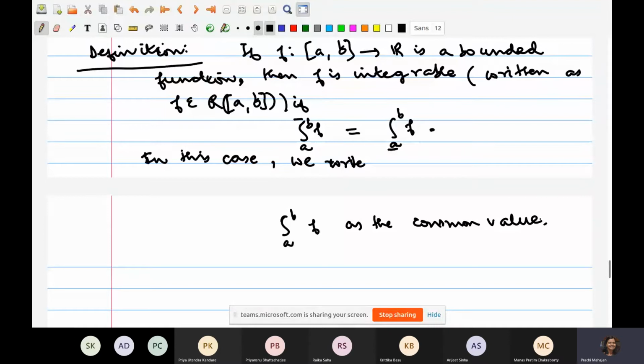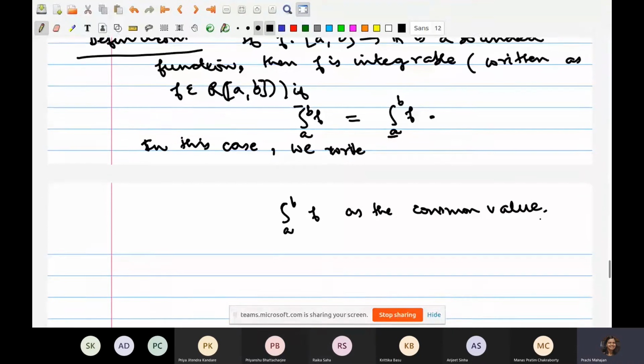That is, the upper sums decrease and the lower sums increase when we add more points into the partition. Define the upper and lower Riemann integrals. When the two agree, you say that the function is integrable. This is what we have done so far. Is this okay? Okay, excellent.